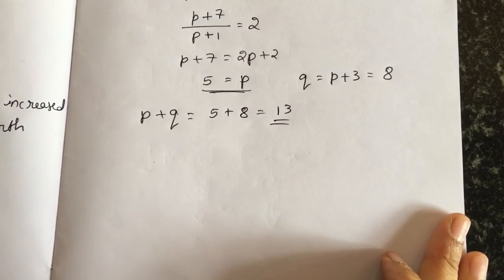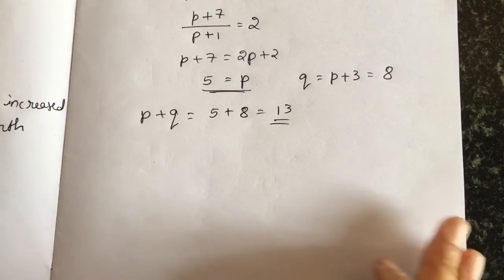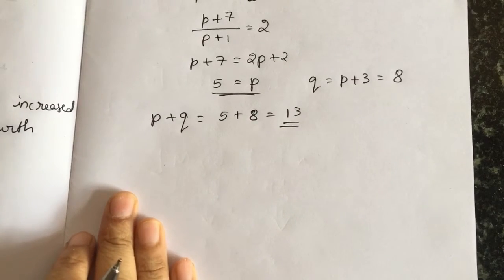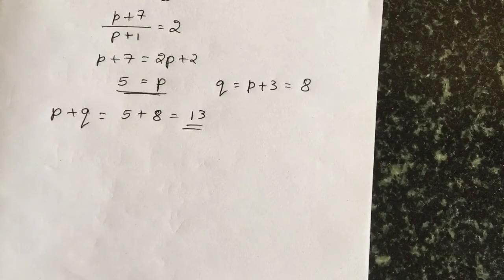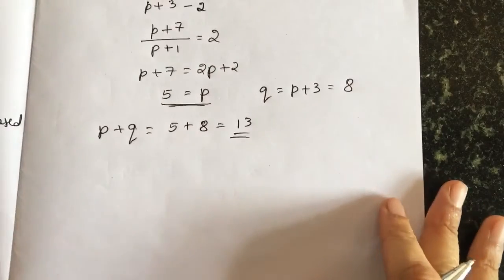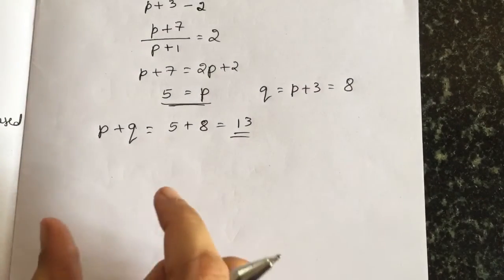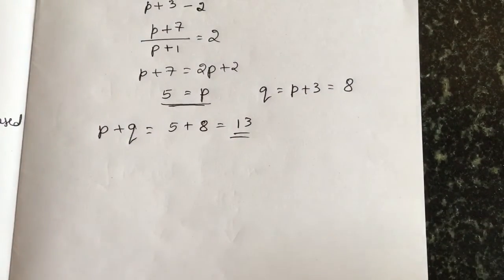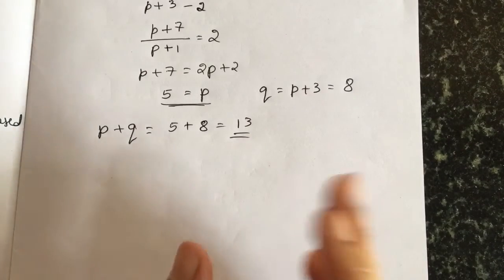Now I take up some mixed fraction problems. They'll give you a fraction or some problem, and once you solve it, you are going to get a mixed fraction. It may be a problem like time and work, profit and loss, or average, and you will get a mixed fraction as your answer.